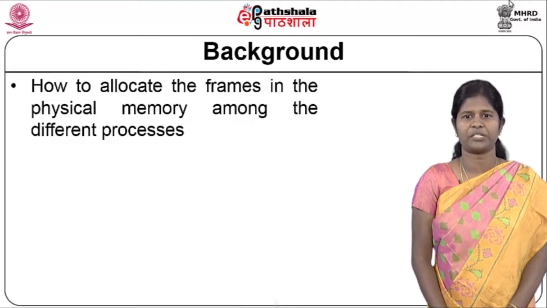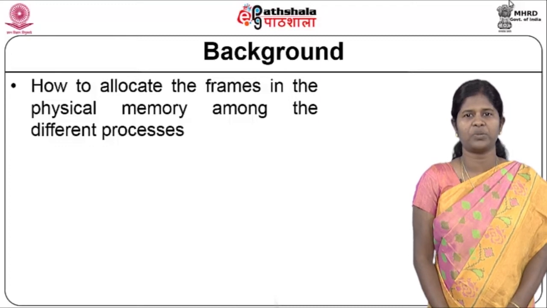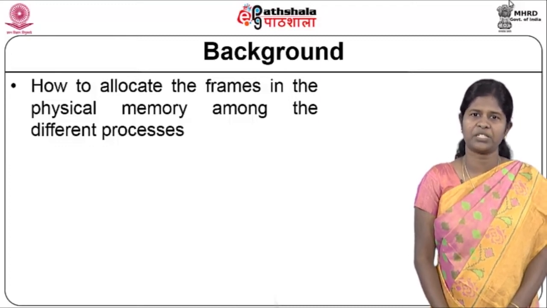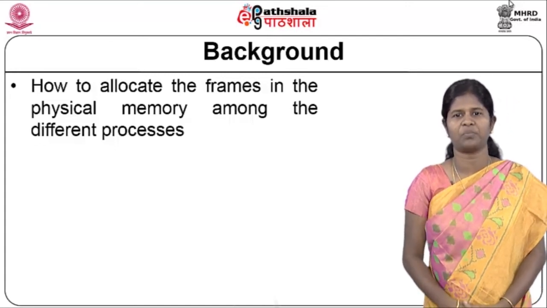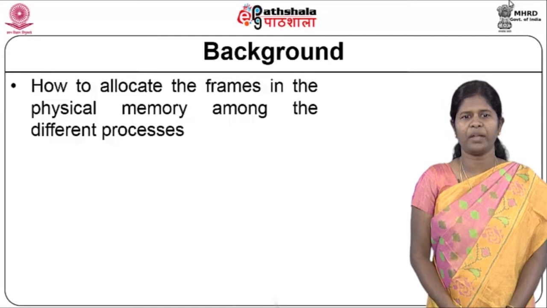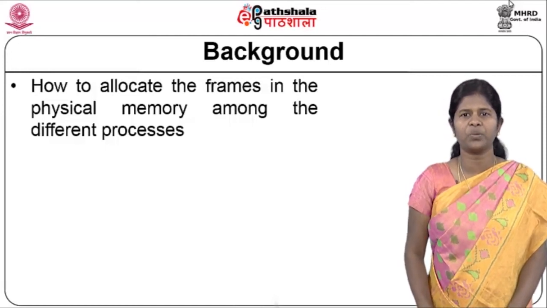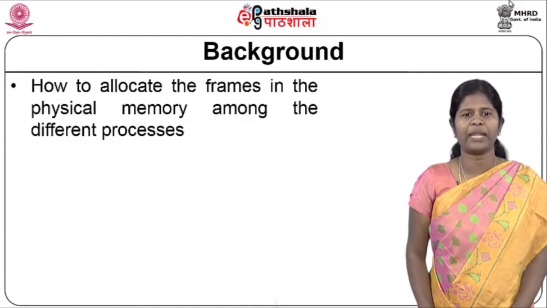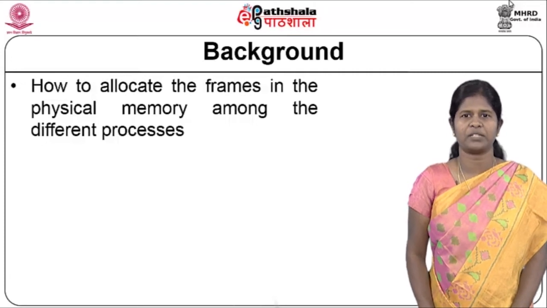The other optimal thing that you can do is to have a set of free frames, bring the page into a free frame, and then select a victim page and move it outside. And what will be the case when the physical memory is to be used by many processes? How do you allocate the frames in the physical memory to the different processes?